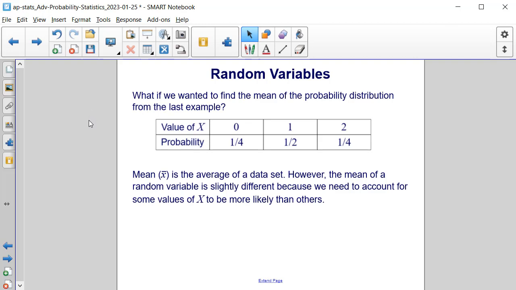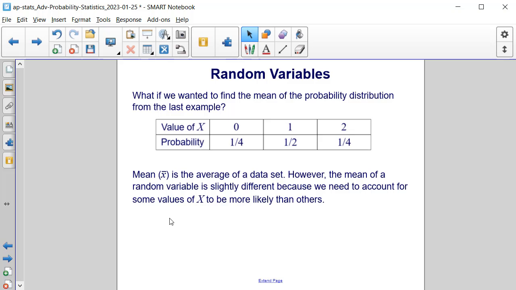What if we wanted to find the mean of the probability distribution from this last example, where we have the values of X being 0, 1, and 2, and the probability of each one being 1/4, 1/2, and 1/4, respectively? Well, the mean, or x bar, is the average of a data set.